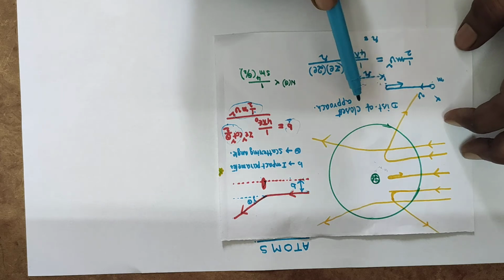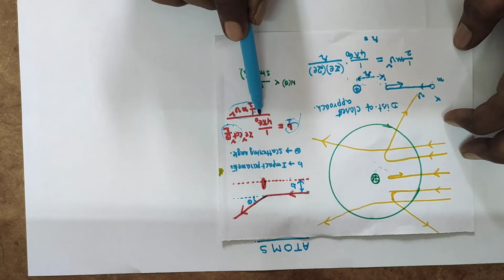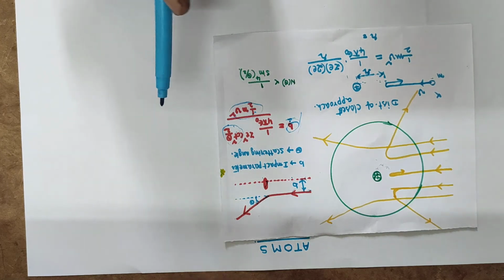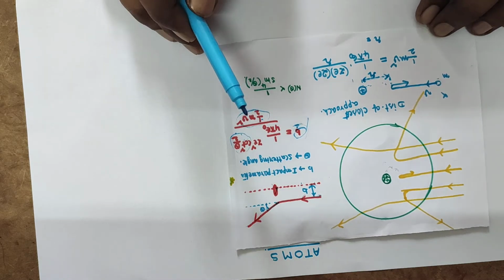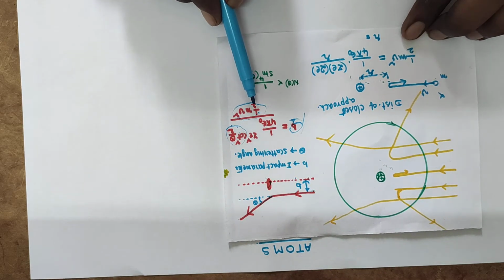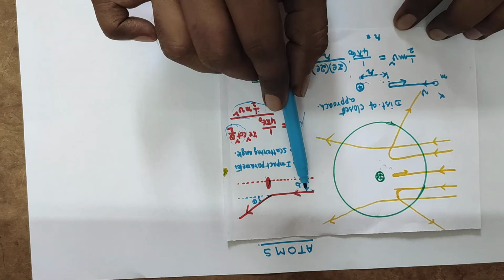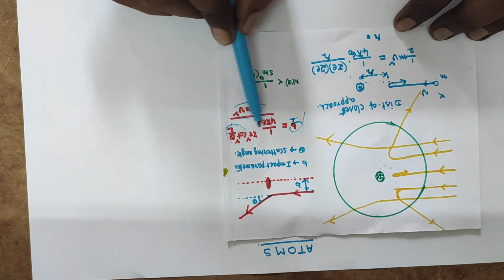And here you see, if the b value decreases for a given alpha particle having some kinetic energy half mv squared, if this gap decreases, then what happens?